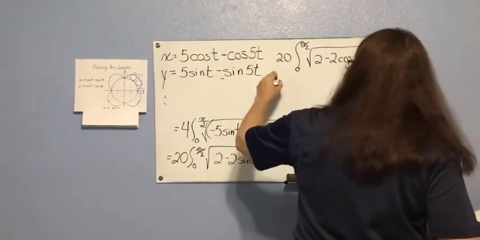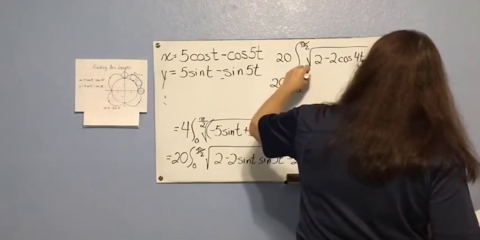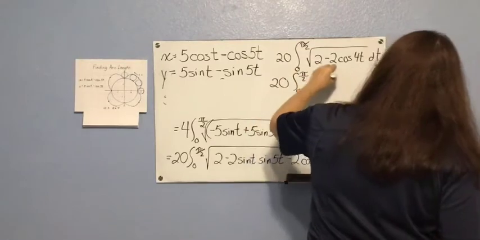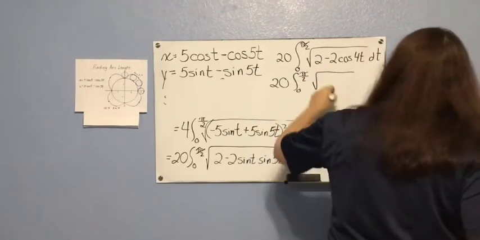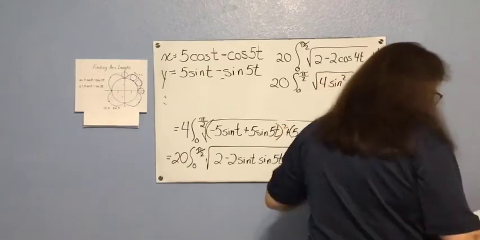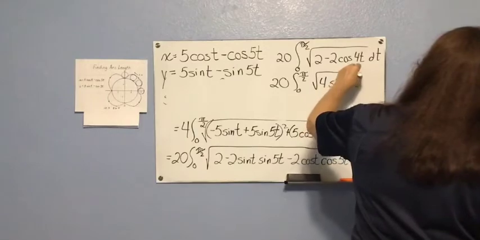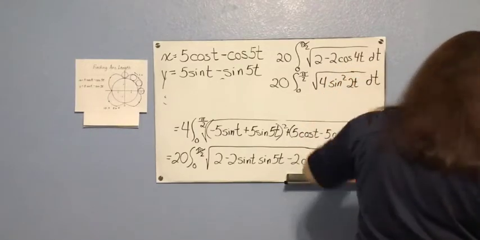And then I'll use a double angle formula, which gives me 4 sine squared 2t dt.